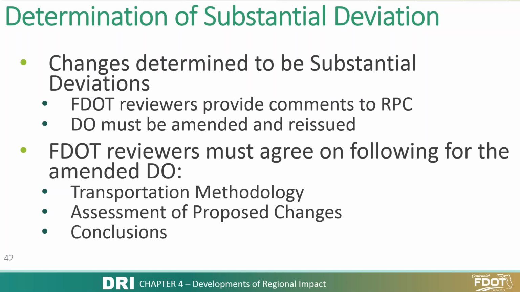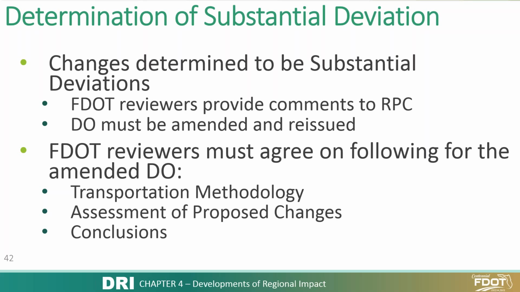If the review of an NOPC determines that the changes are a substantial deviation from the original development order, then FDOT must provide their comments concerning this to the RPC, typically within 30 days. The DRI will then have to proceed through a DRI review process regarding those changes identified in the NOPC.